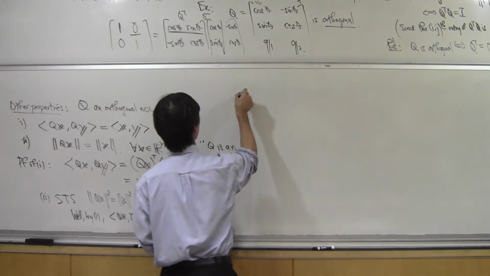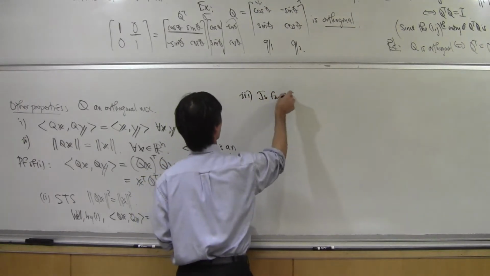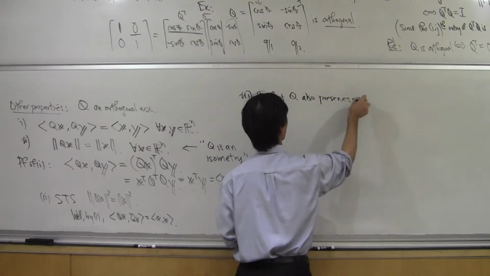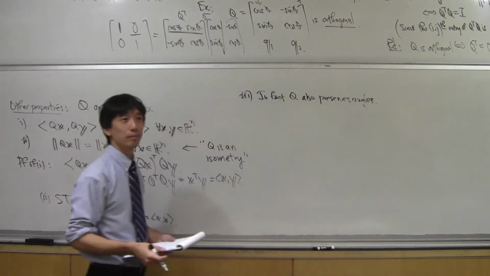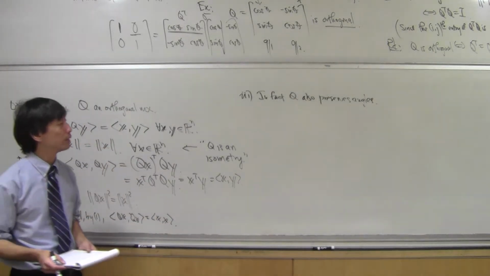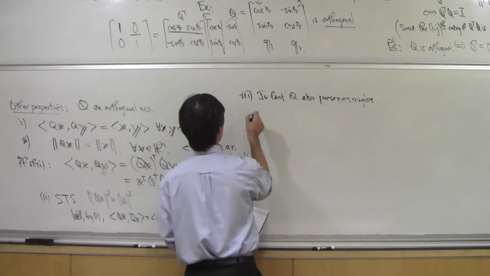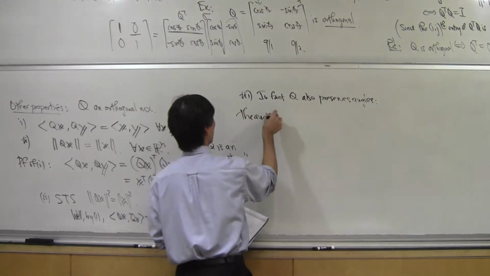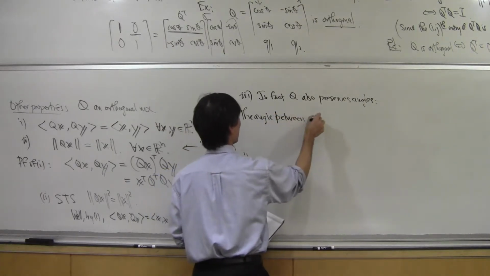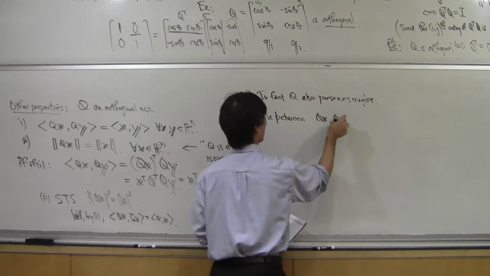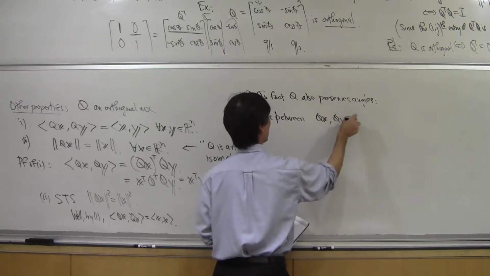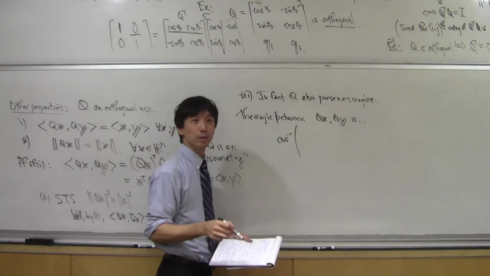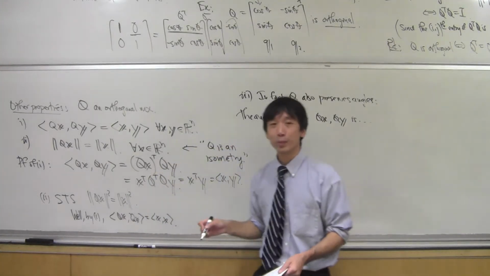In fact, Q also preserves angles. Why? Because the angle between Qx and Qy is cosine inverse of, does anybody remember?